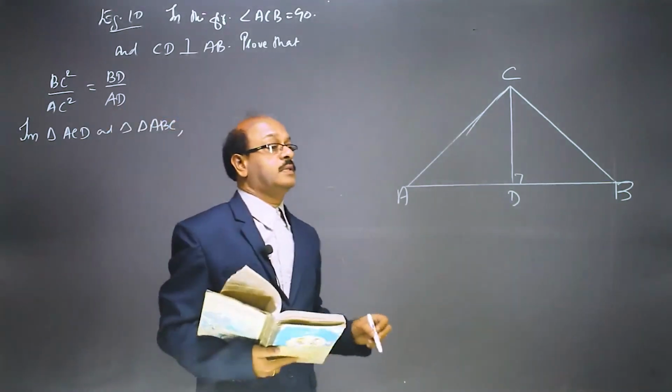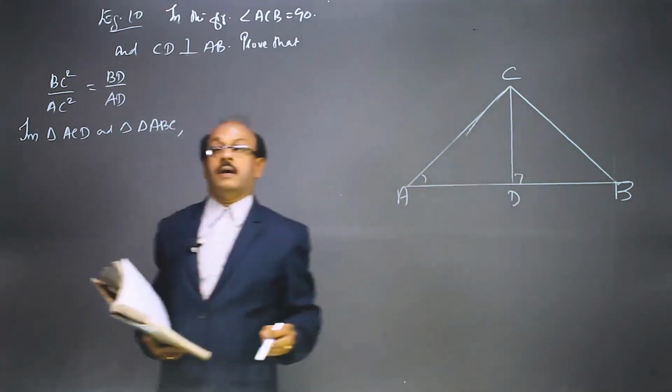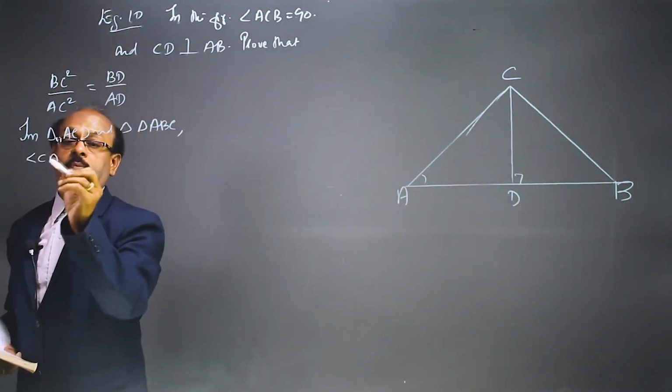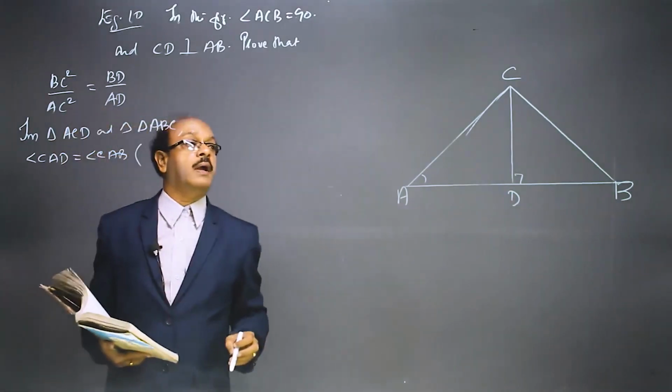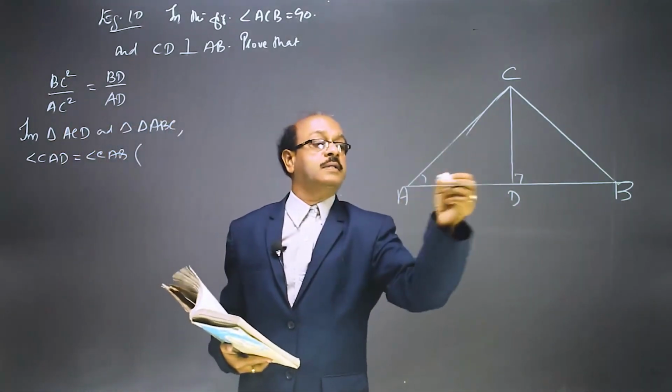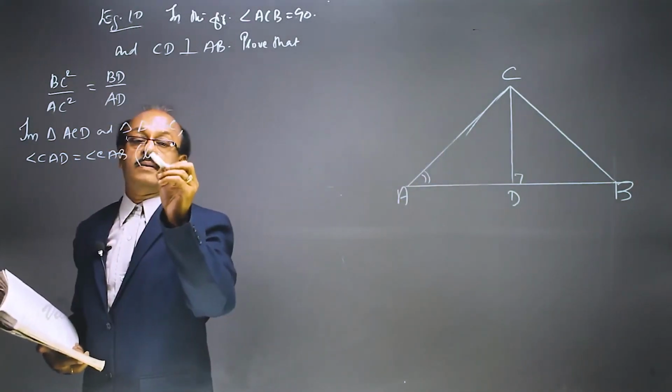In triangles ACD and ABC, angle CAD is equal to angle CAB. The reason is common angle. Angle CAD and angle CAB are the same angle.